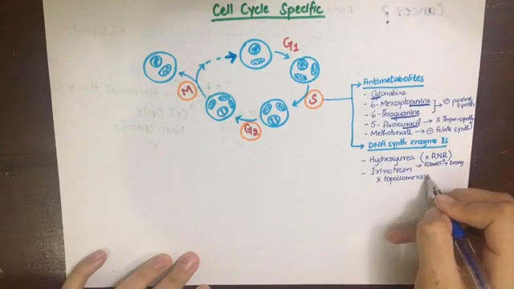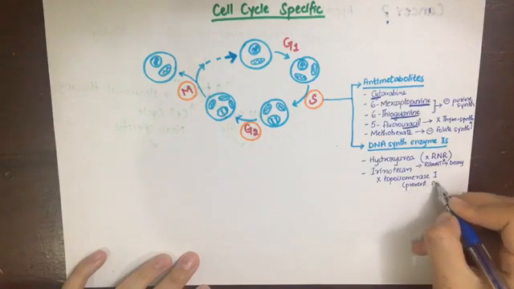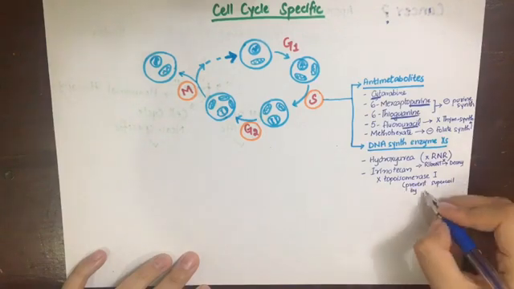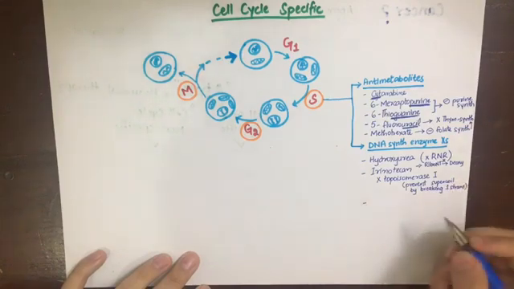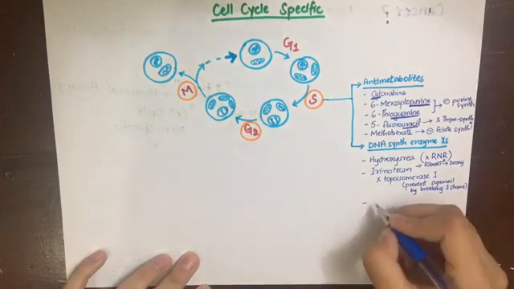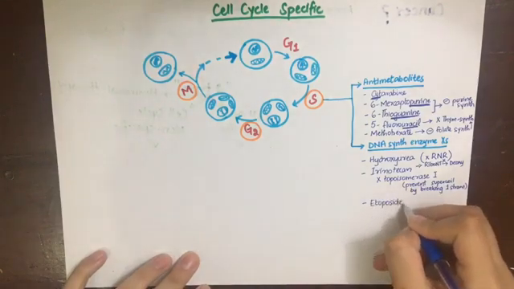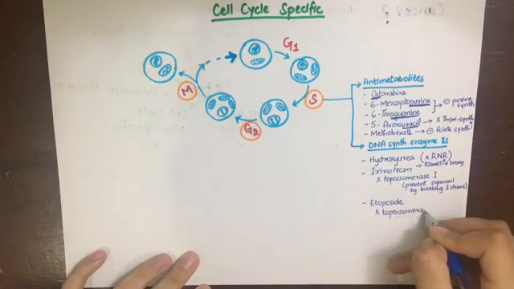Now, topoisomerase 1 relieves the supercoils in the DNA, which are produced by the helicase when it unwinds the DNA. Topoisomerase 1 cuts one strand of the DNA to relieve one twist, while topoisomerase 2 cuts both the strands and relieves two twists at a time. Topoisomerase 2 will be inhibited by the drug etoposide.